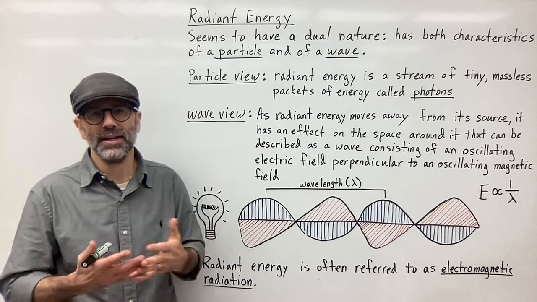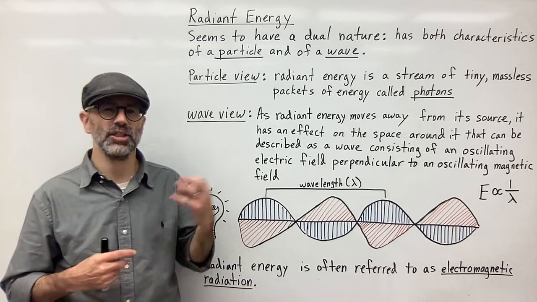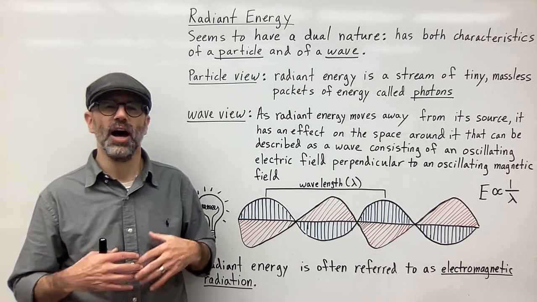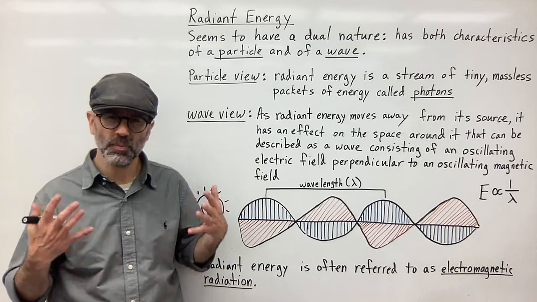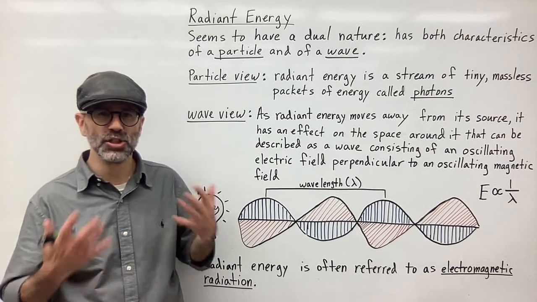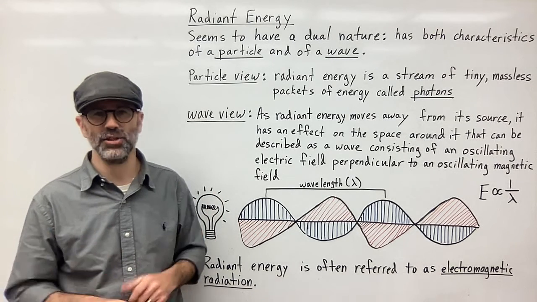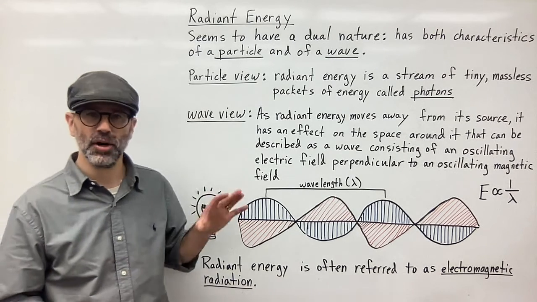Right off the bat, it's kind of confusing and hard to imagine that you have this particle that's massless, and that's one of the problems in trying to imagine or visualize what light or radiant energy is. But this is the particle view.